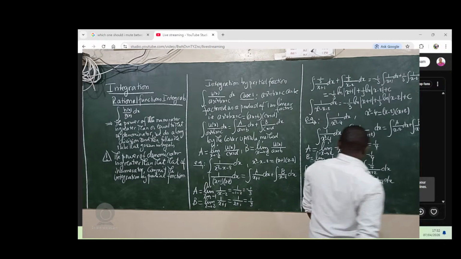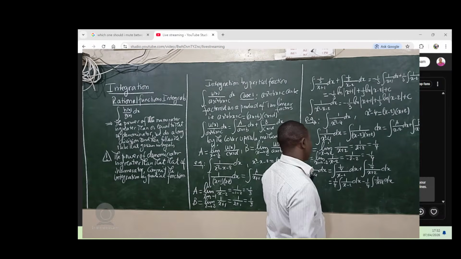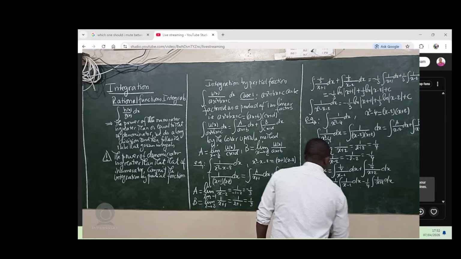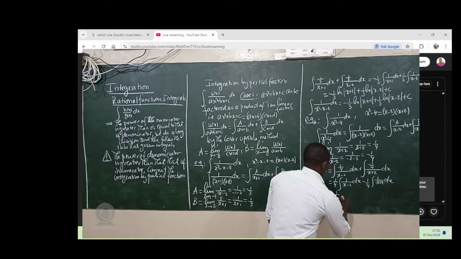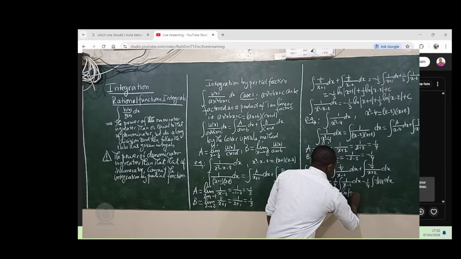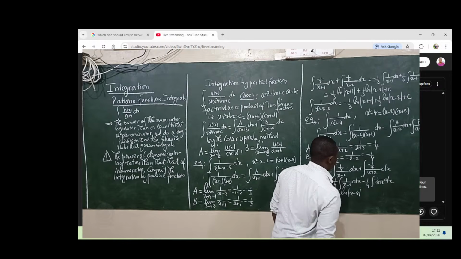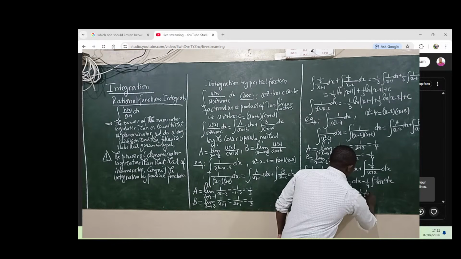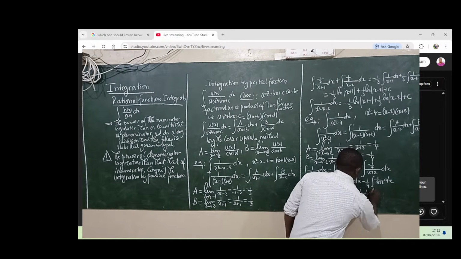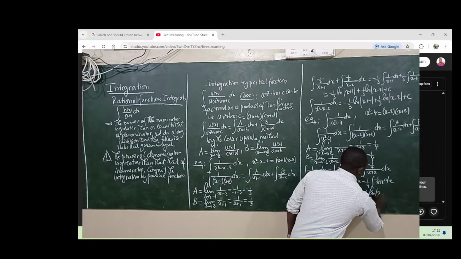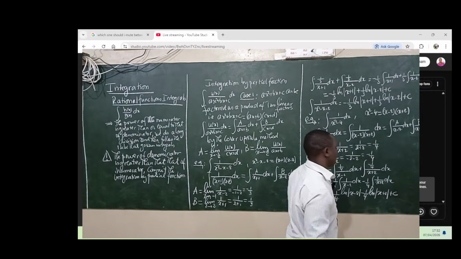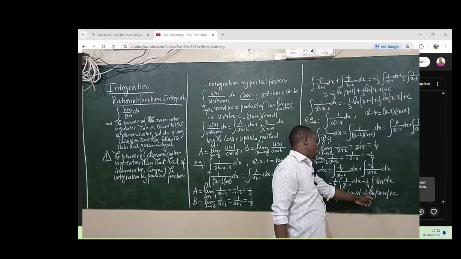Now, this is 1 over 4 times the natural log of x minus 2 minus 1 over 4 times the natural log of x plus 2 plus a constant. And as you see here, we can factor 1 over 4.